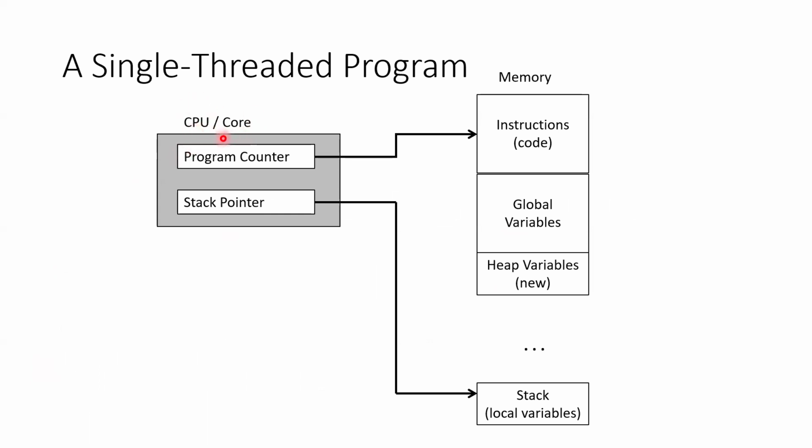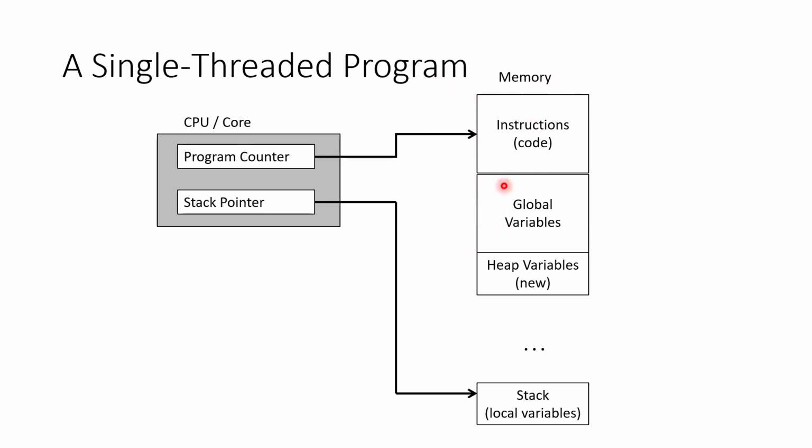In each of your cores, you will have a program counter, a PC, and a stack pointer, SP. Your program counter will point to somewhere in your instruction code, and the instructions are stored in memory. This is your virtual memory space. The first chunk of memory is always your instructions, or your code compiled into machine code.